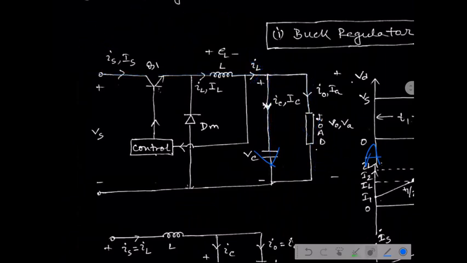I repeat one last time. When the inductor current is 30 ampere but the load current is 50 ampere, the excess 20 ampere is delivered from the capacitor, so the capacitor is in discharging mode.